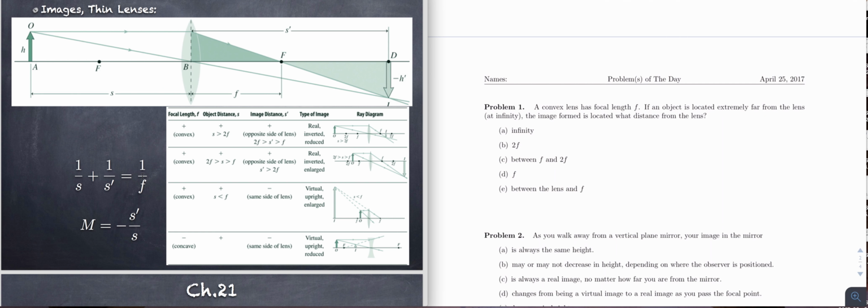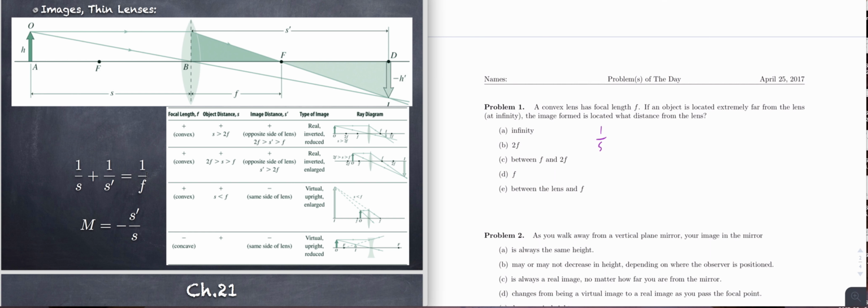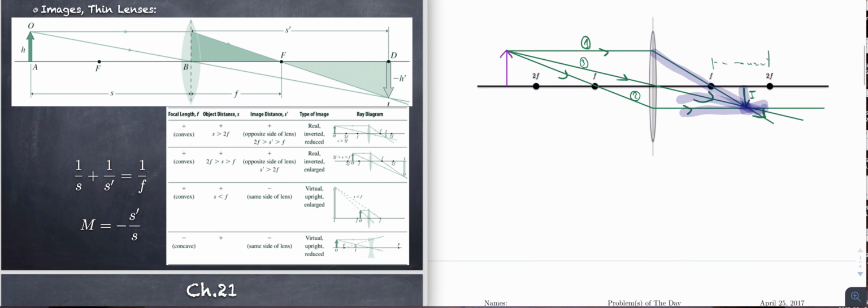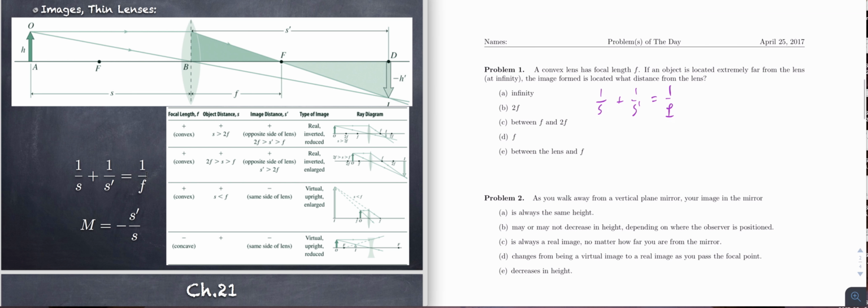Okay, this is a good question, and we have the right slide here on the left. We have to use the thin lens equation, which says 1 over s plus 1 over s prime equals 1 over f. Looking up here, s is always the distance the object makes to the lens, and over here this would be s prime, the distance the image has from the lens, and then of course the focal length.